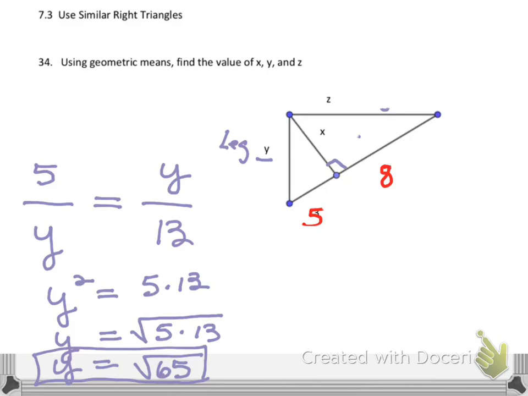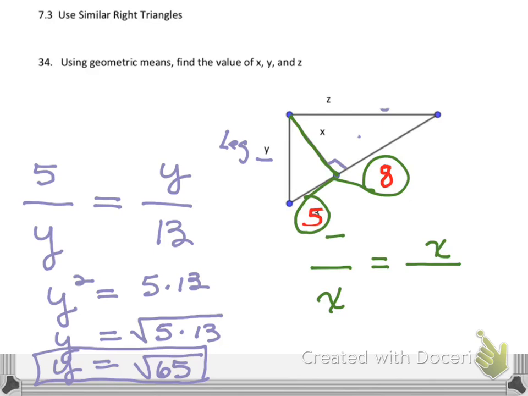Let me go to a green, and I want to solve for x. x is an altitude, and that altitude is the geometric mean. I said the altitude comes straight down and forms a right angle. It's the geometric mean between the 5 and the 8. So put 5 and 8 here.